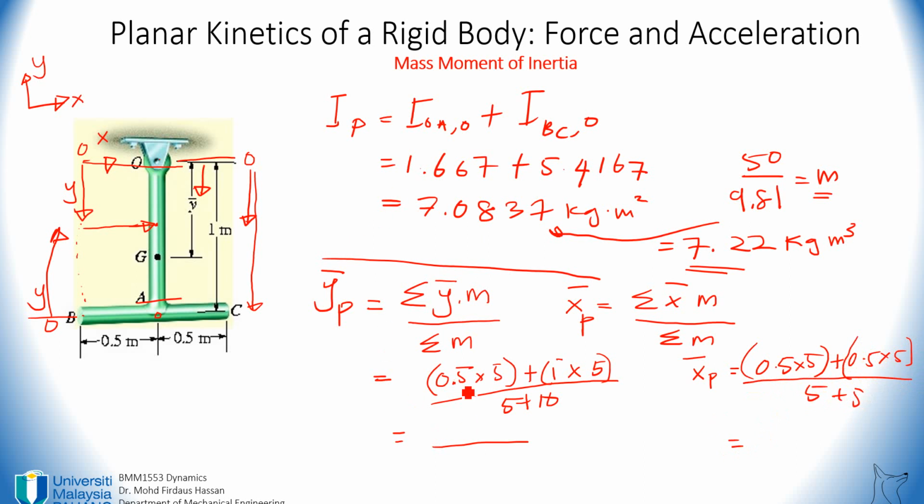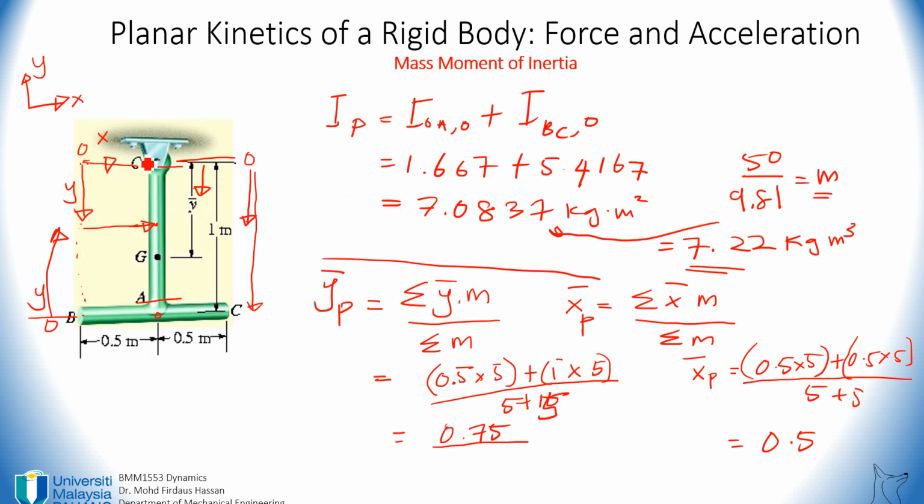So the answers for this one, let me calculate it. The coordinate for y is 0.75. The coordinate for x is 0.5. It means that the center of gravity for this pendulum is 0.5 measured from x.